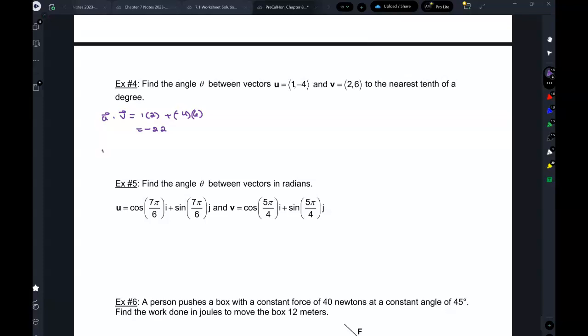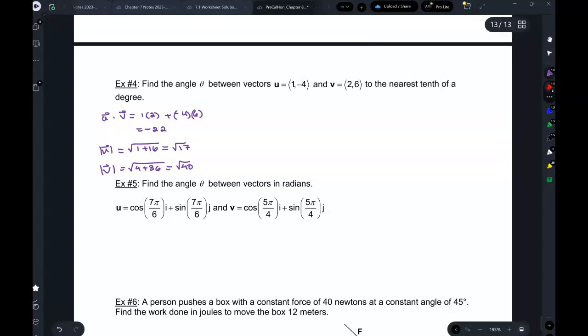Now, I need to find magnitude of u, which is the square root of 1 plus 16, root 17. Then I need to find the magnitude of v, which is 4 plus 36, root 40. This is an intermediate step, so I'm just going to leave it like that for the time being.